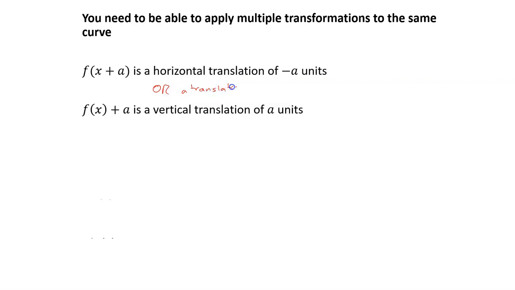So important words that you need to use are the type of transformation that's happening, which direction it's going in.